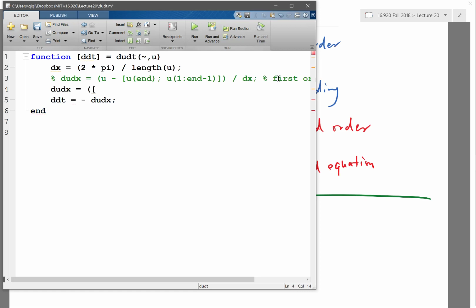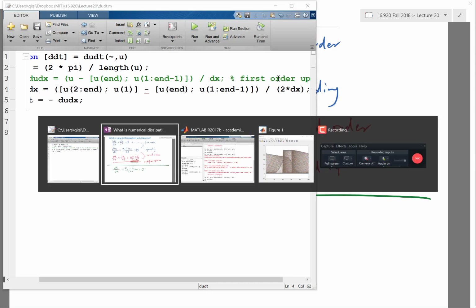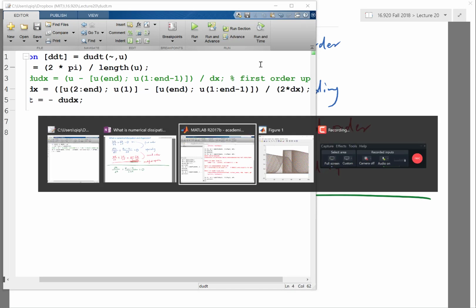The second order scheme is actually ui plus 1, which here is u from 2 to the end, and u1. This is ui plus 1. ui minus 1 is the same thing as I coded before, and instead of dividing by delta x, I divide by 2 delta x. So, right, that's the second order scheme.